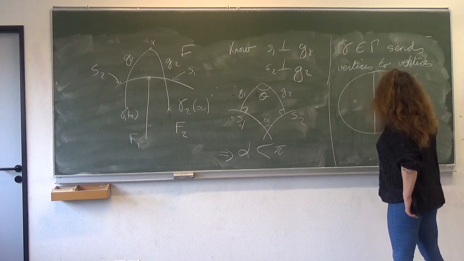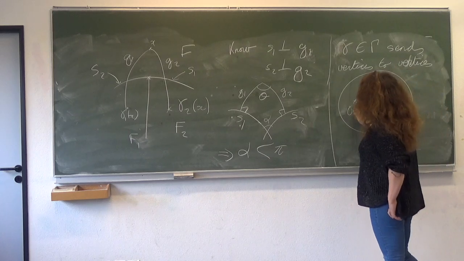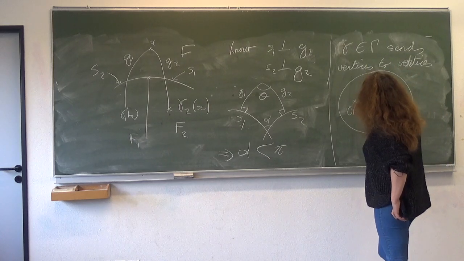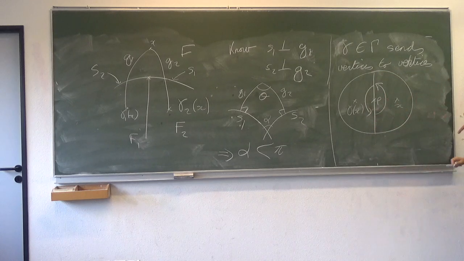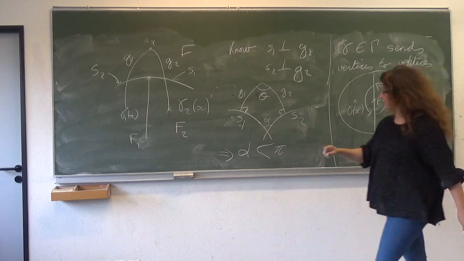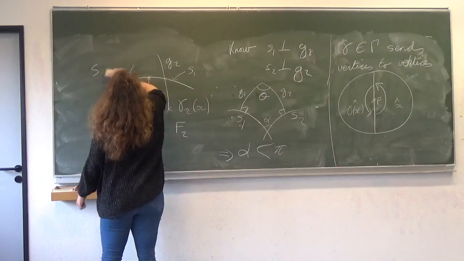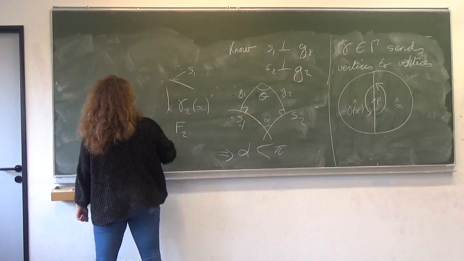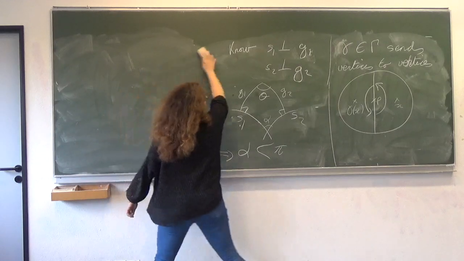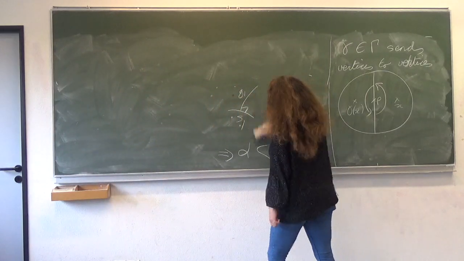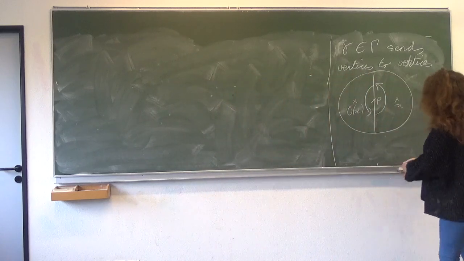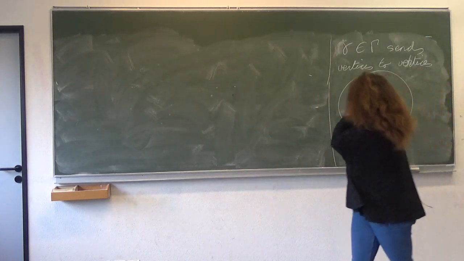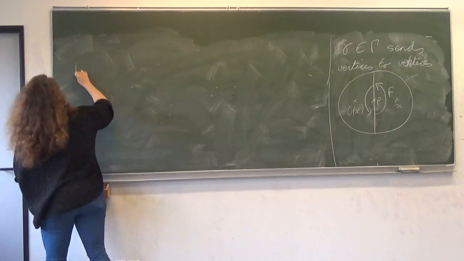Here I have X, I have gamma X, and I have P, and gamma is inverting this element. So there are two cases. Here I have F somewhere here.